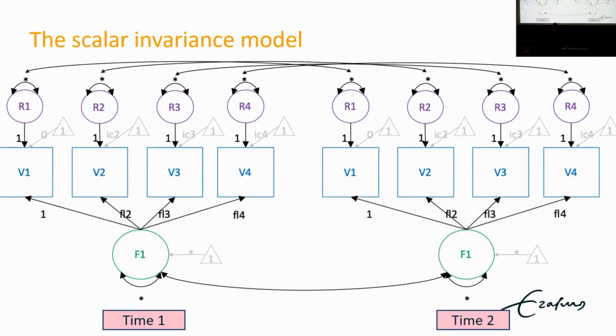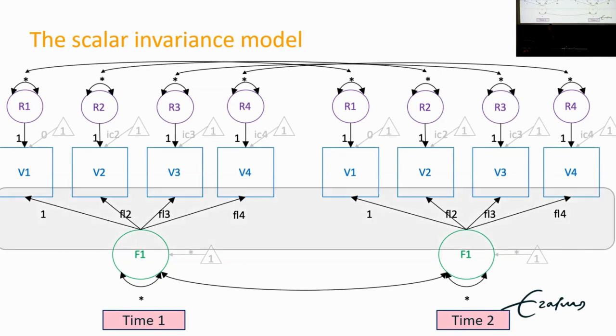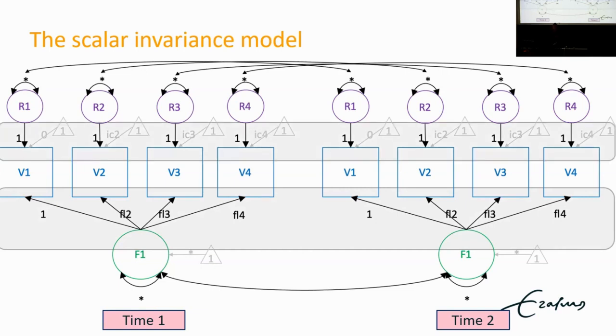The scalar invariance model imposes an additional constraint. We already had the factor loadings being constrained to be equal across time points. Now, in addition, we are also going to constrain the intercepts in our model. So you see IC2, 3, 4, the intercepts of all the items. We are also going to constrain them to be equal.